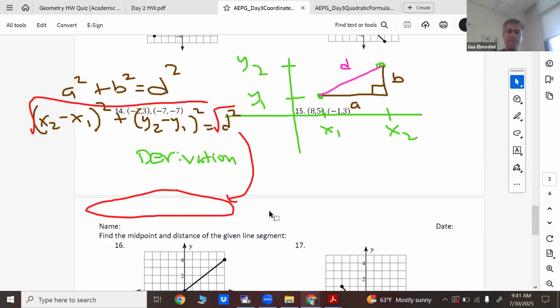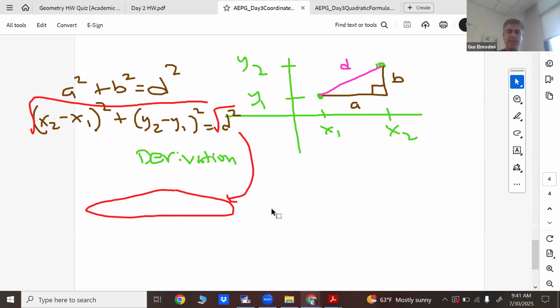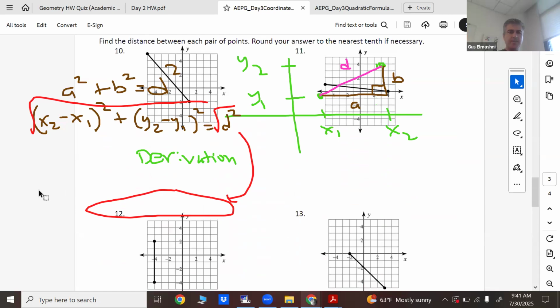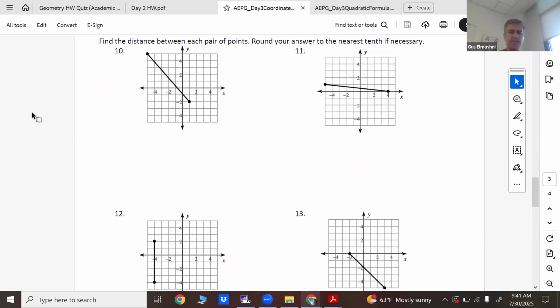So I'll do 10, 11. Then I'll have you guys do the rest. So yeah, let's talk about it. Okay, how long is that? From -5 to 1. Nice. Then from 5 to -2.